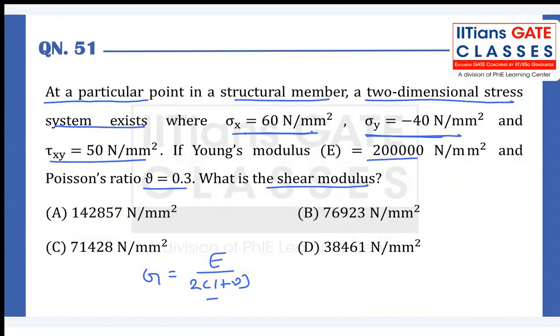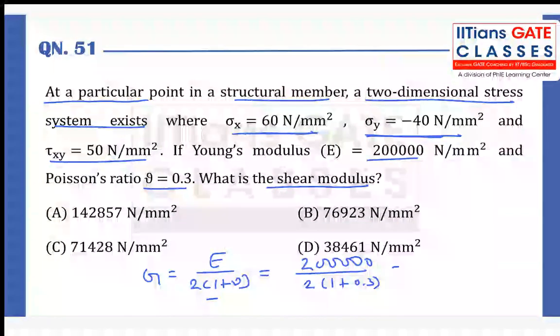We have done this in the last class. So it is 2 lakh upon 2 into (1 plus 0.3). So it is basically 2 lakh divided by 2.6.